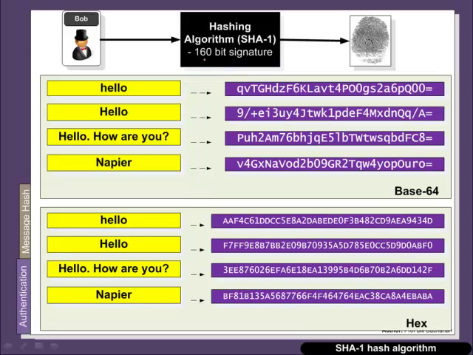With SHA1 we get a longer signature. The longer the signature, the less likely that the same signature can occur for a different message. So in this case we have a longer signature for both the base64 and hex. To calculate the number of characters, it's roughly 160 divided by 6 in this case, and 160 divided by 4 in this case.